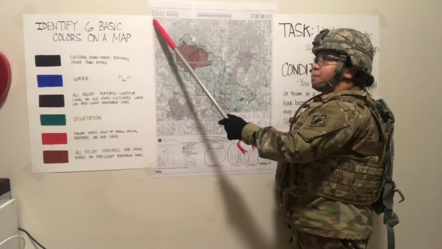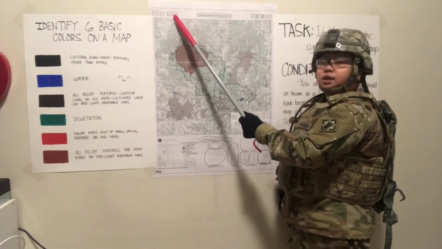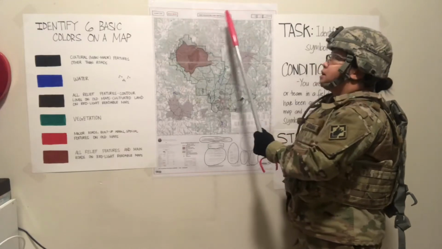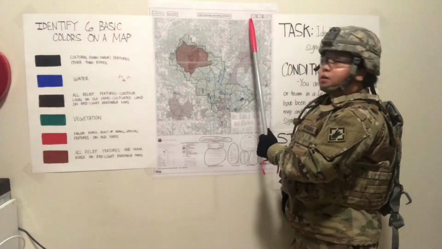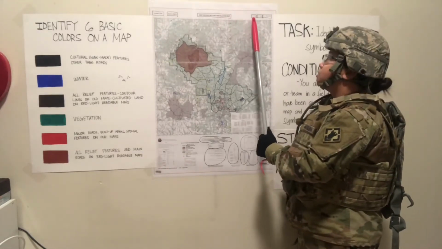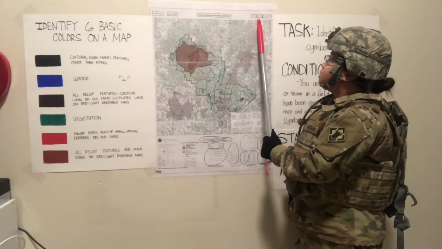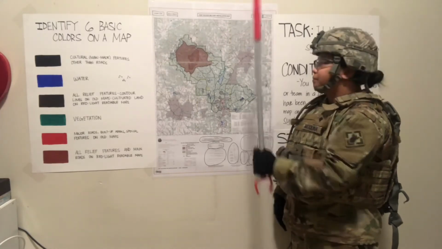On your right upper corner, you have your series name. Beside it, you have your scale. And then right here is your edition number. After the sheet name, you have your edition number. And then in the middle of it, there is your series number.